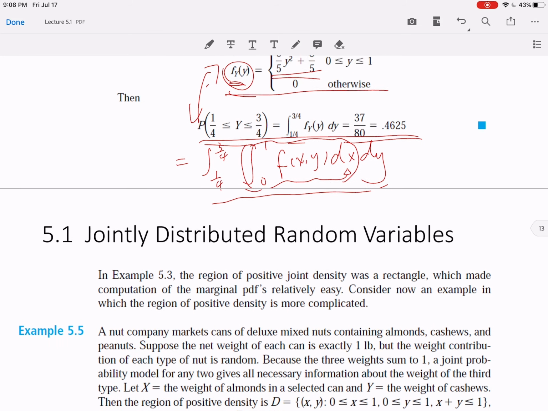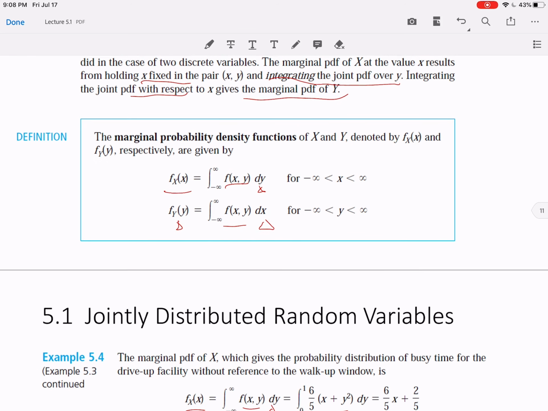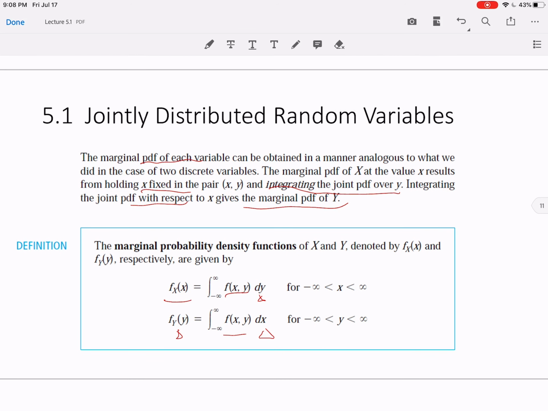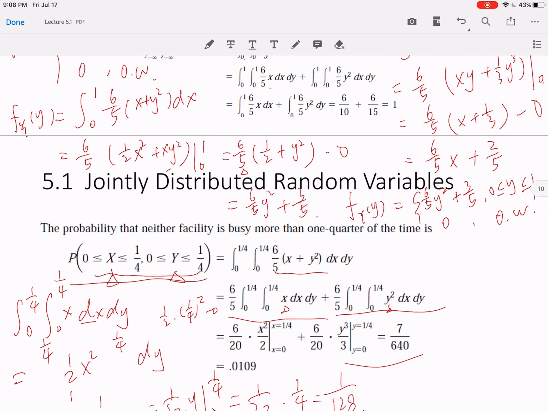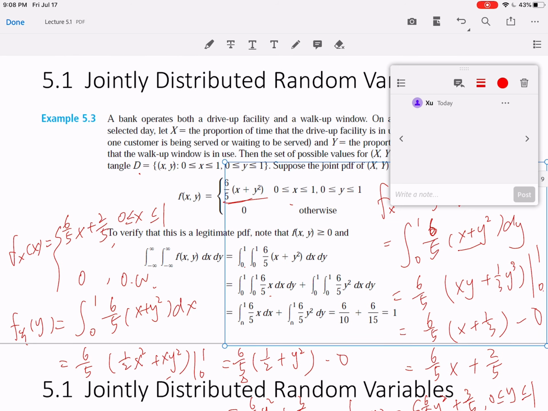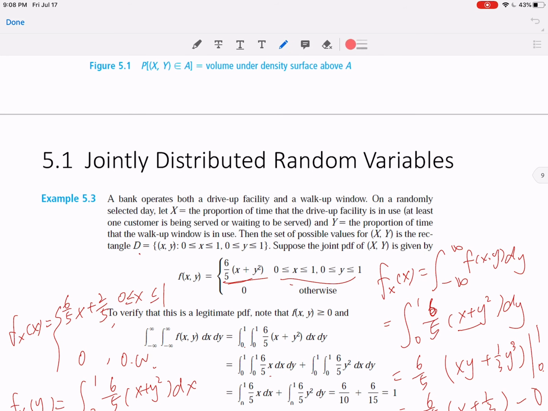Oh, actually, there's one more thing I would like to mention. If we go back to here, and we want to graph the region of the support set of x and y, in this case we're going to have a rectangle.